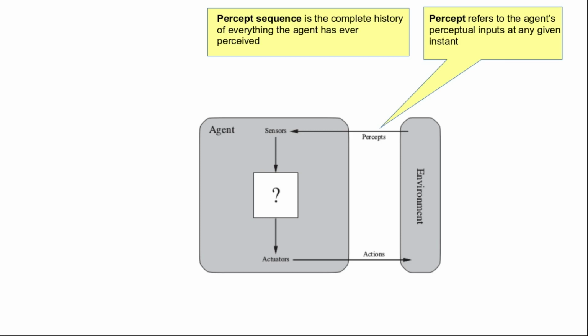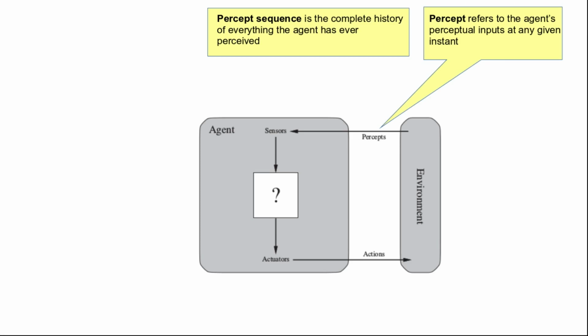So at the next time instant, our percept is that we see a right turn 15 feet ahead, and we see some speed breakers. Now the percept sequence is the two percepts. The first percept was that there was a right turn 30 feet ahead, and the second percept is that the right turn is now 15 feet ahead and we see a speed breaker.